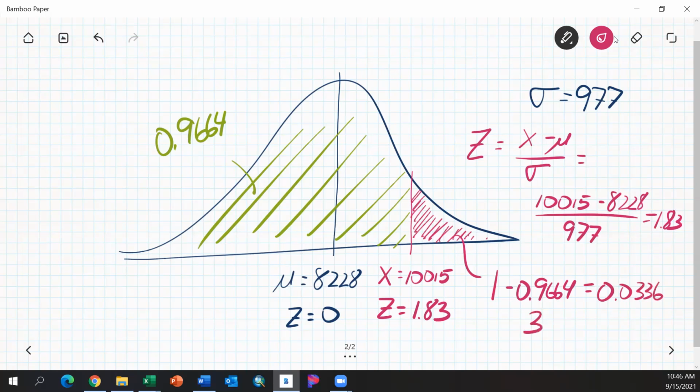So there is a 3.4% probability that you'll randomly draw a school district in LA County that spends more than LAUSD. I prefer making these diagrams and solving this type of problem. However, we have tools in Excel to make it faster. Let's go back to our Excel sheet.